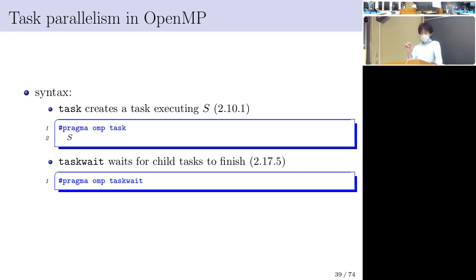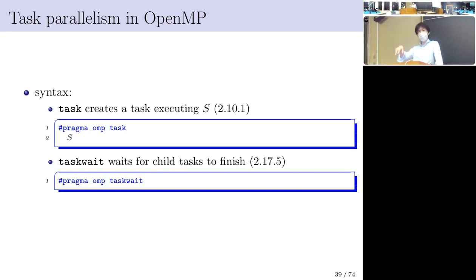The whole point here is that you can create another task at pretty much anywhere in your program. Unlike a for loop, in which you basically need to say, here are, for example, 100 iterations I want to distribute among threads, you don't have to say exactly how many tasks you create up front, right?